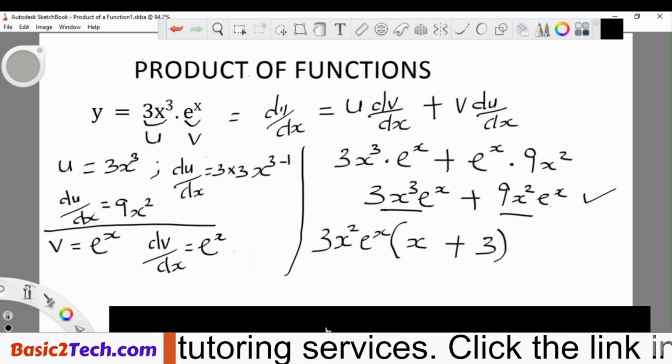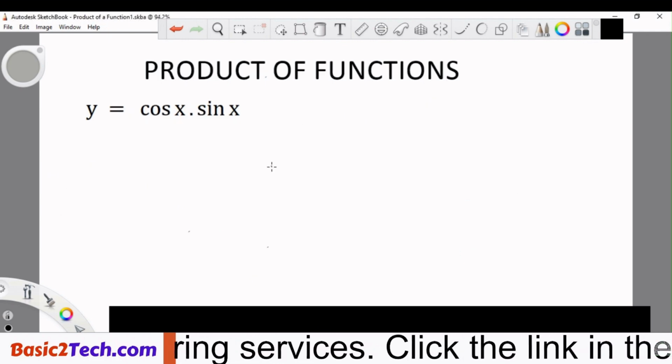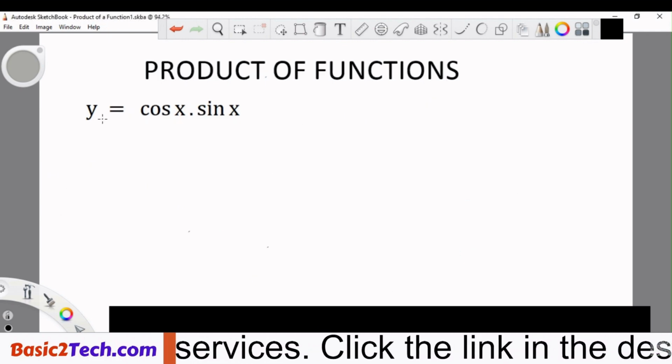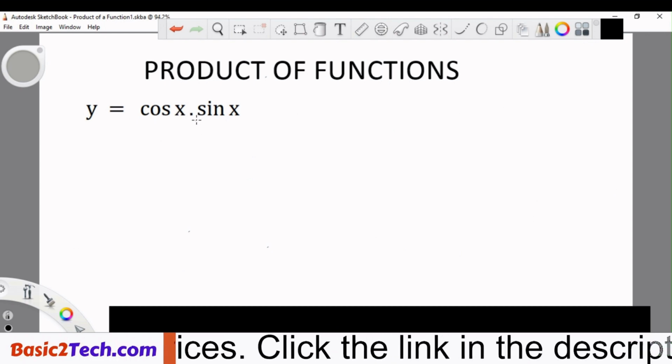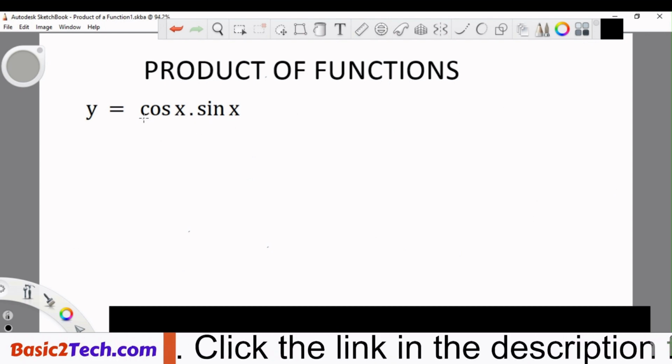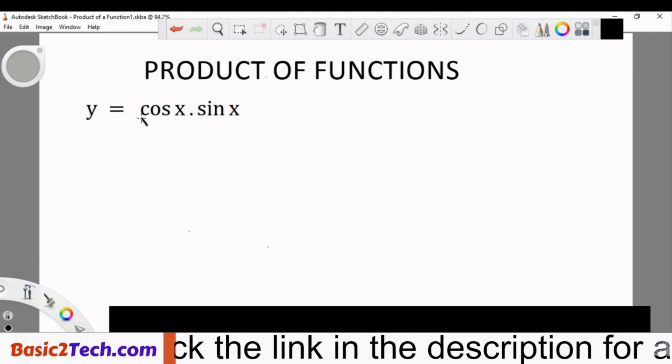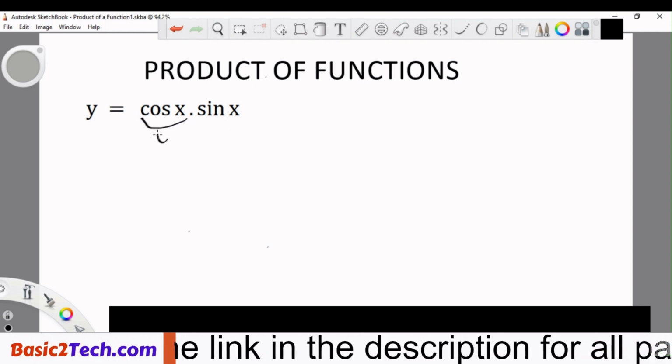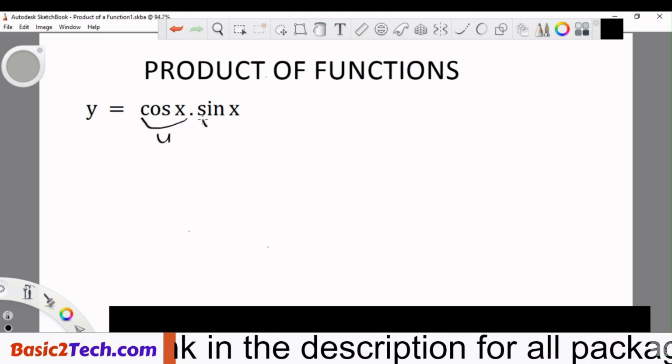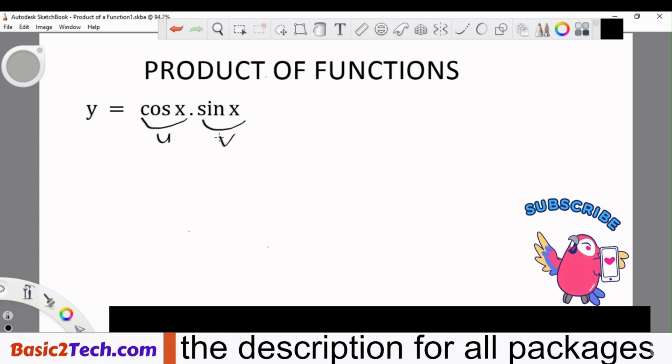Let's look at the next question. Here we are given y equal to cos x times sin x. Again, we have two functions. Here's our first function, we call it u. Here's our second function, we call it v.